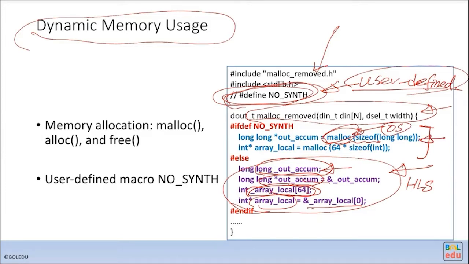Why do we want to use malloc? Because malloc is an OS function. Suppose you want to develop a kernel function that can process big data, and the amount of data simply could not fit into the system memory.